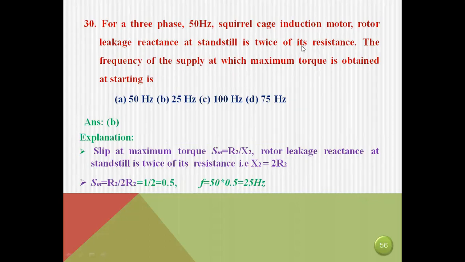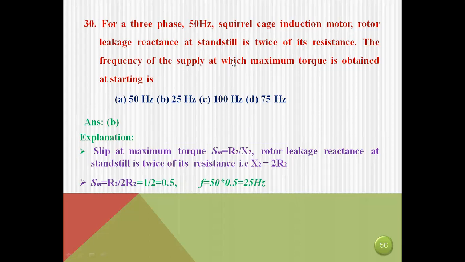So if we take the resistance as R2, then twice R2 will become X2. We have the equation maximum slip equal to R2 upon X2. Instead of X2 you can write 2R2. R2 gets cancelled, 1 by 2, 0.5. Maximum slip you will get is 0.5.